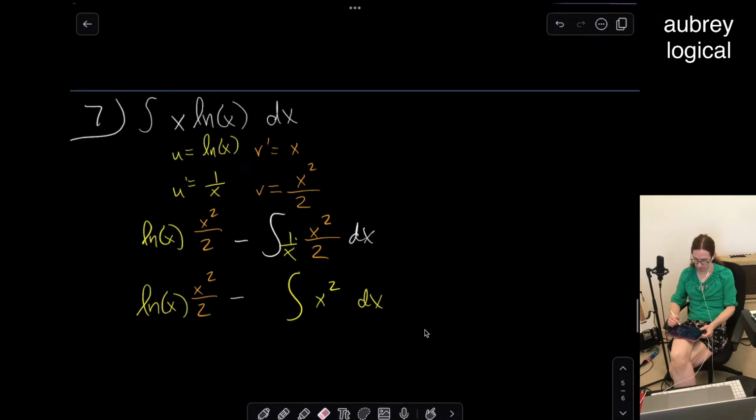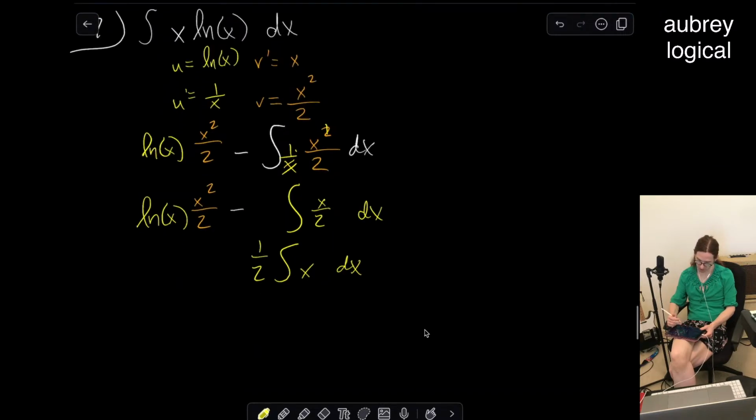So now this would cross out that x and cross out the squared on that, so that would just become x over 2, I believe. Could still take the 1/2 out front, and then we just have the integral of x dx.